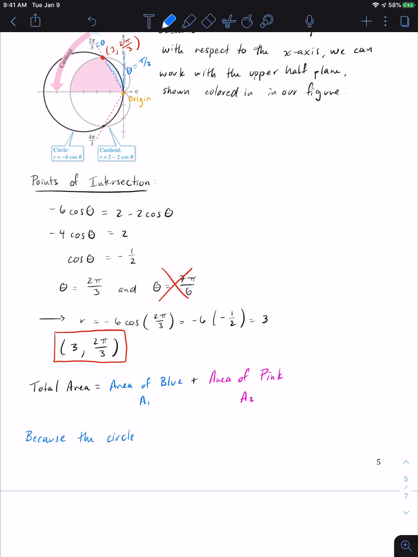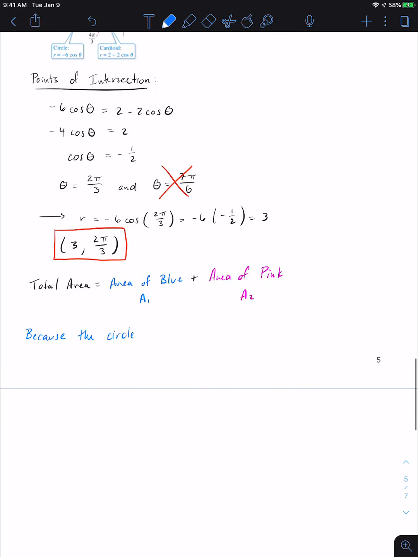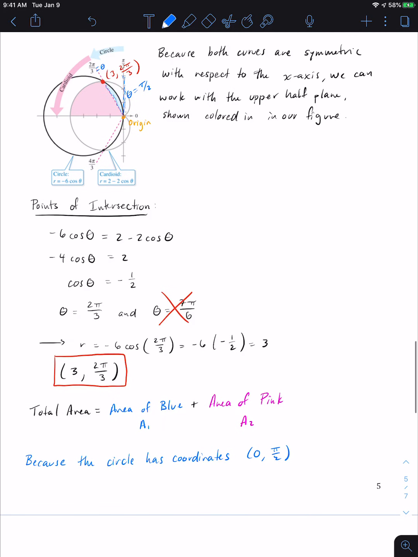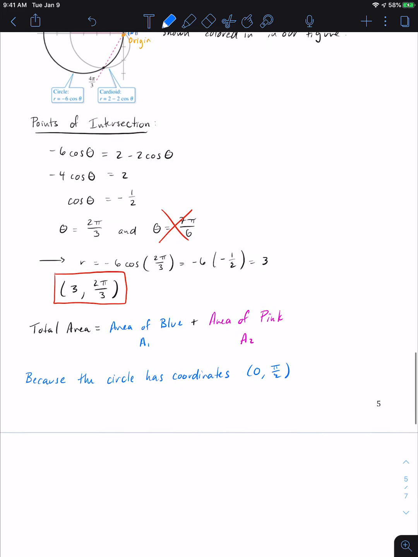So to find this area, because the circle has coordinate 0, pi over 2, because it has the origin, in the case of the blue stuff, this is the point 0, pi over 2 because that's where I start.